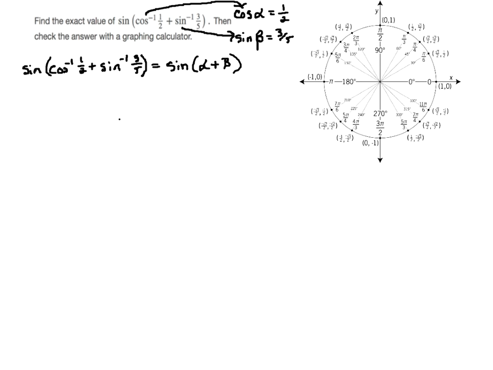So I'm going to call the arc cosine of 1/2 alpha and the arc cosine of 3/5 beta.